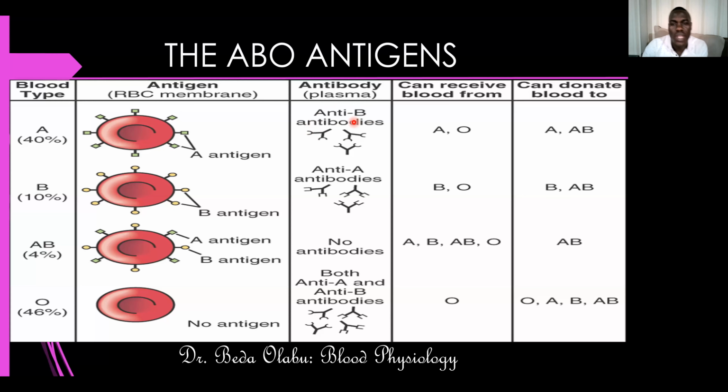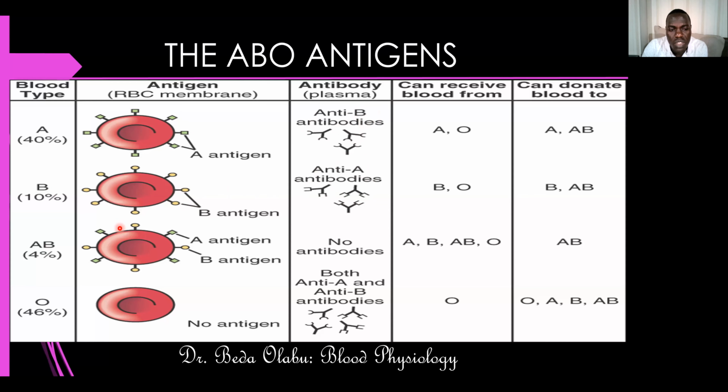And you can argue that it's because of the presence of the antibodies against B that we don't have the B antigen here. And similarly, for someone who is blood group B, you can argue that the reason why they're lacking the A antigen is because they have antibodies against the A antigen.